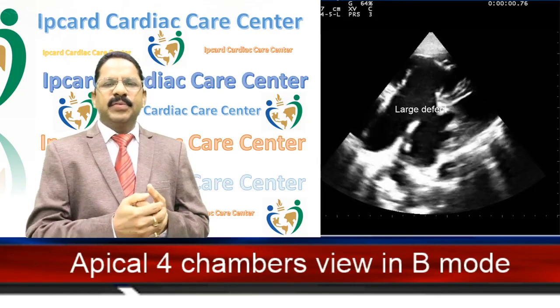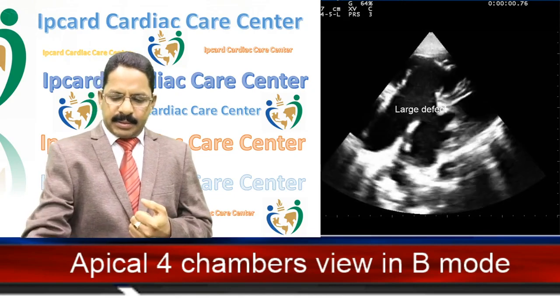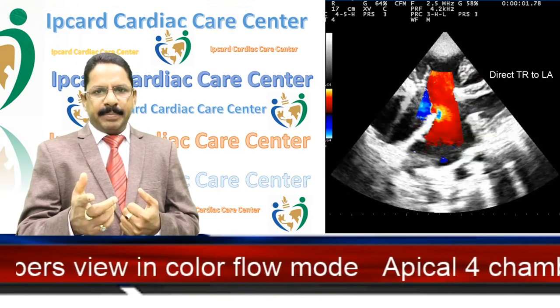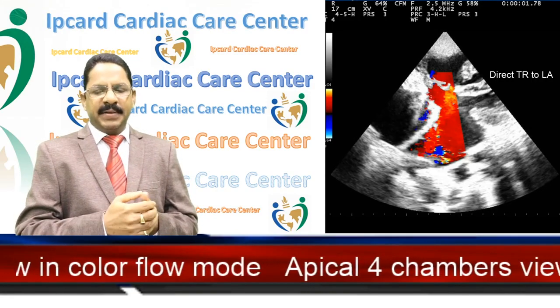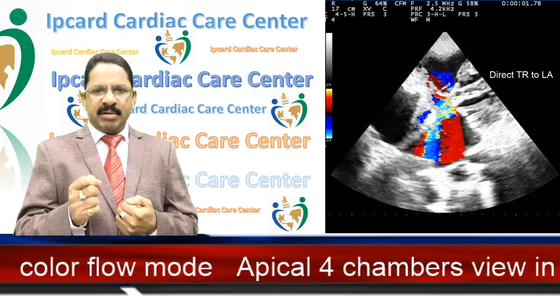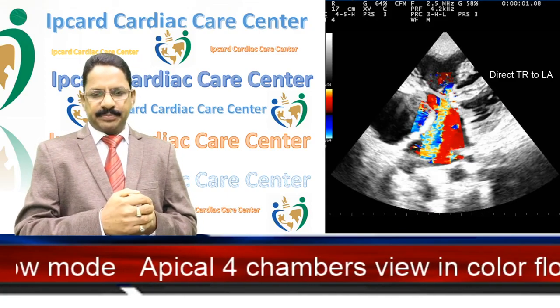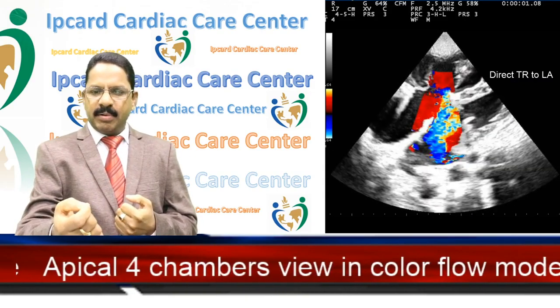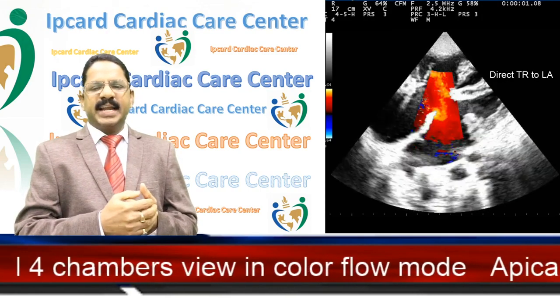This is an apical four-chamber echocardiogram, B-mode view. In the next view, you can see the color flow. The tricuspid regurgitation flow is entering directly into the left atrium. This is called right to left shunt, Eisenmenger phenomenon. The flow comes through the tricuspid valve directly to the left atrium, and through the second defect also.